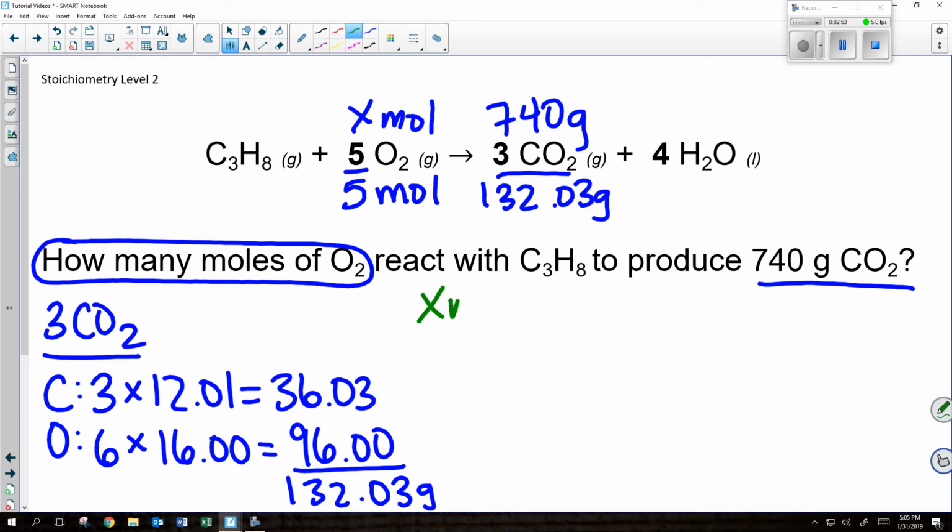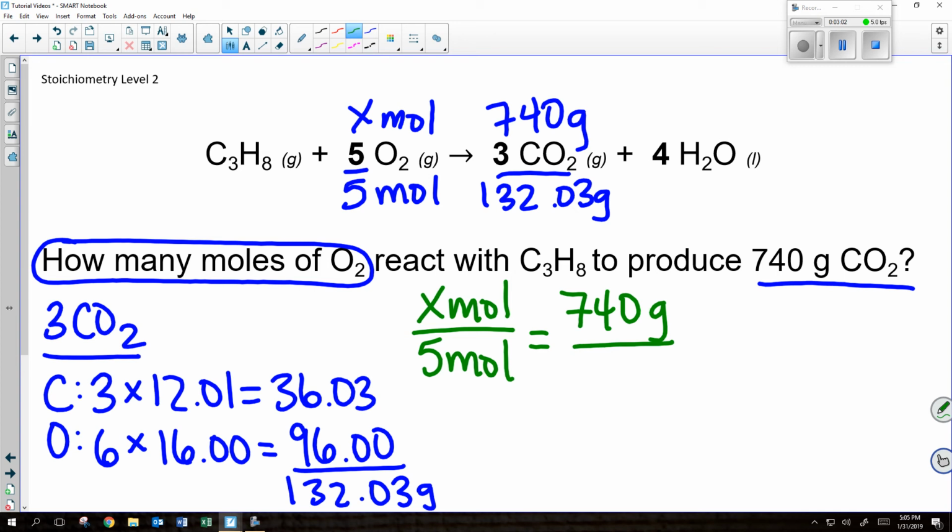So X moles over 5 moles equals 740 grams over 132.03 grams.